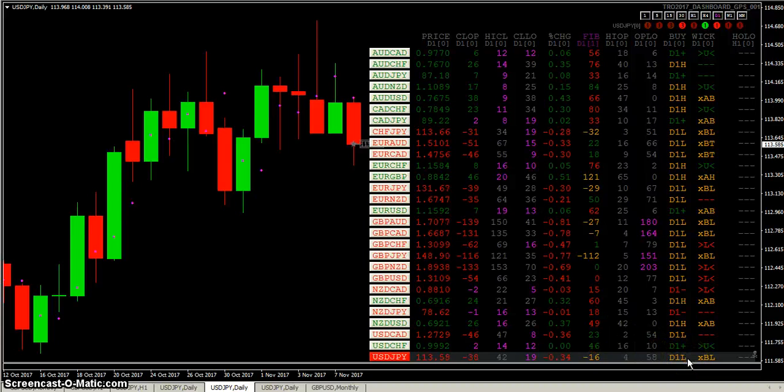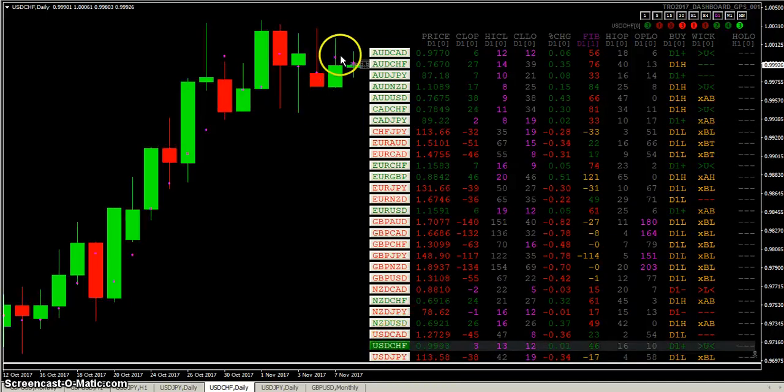That's why it says L. Now we can look at the wick zones, see is there anything I like trading here. Okay, you can see that the dollar franc is in the upper wick zone. That's what that means. But we don't have any holos right now, at least not on H1. So to answer those donational questions, I hope that answers those.